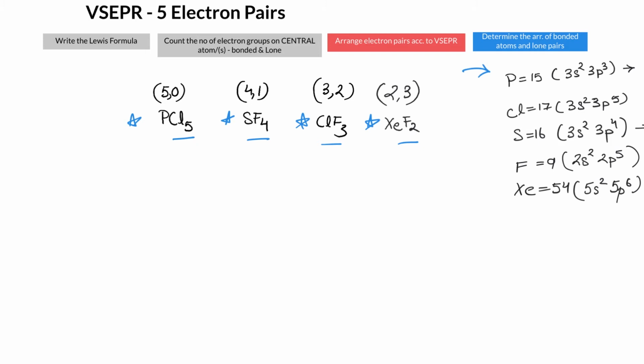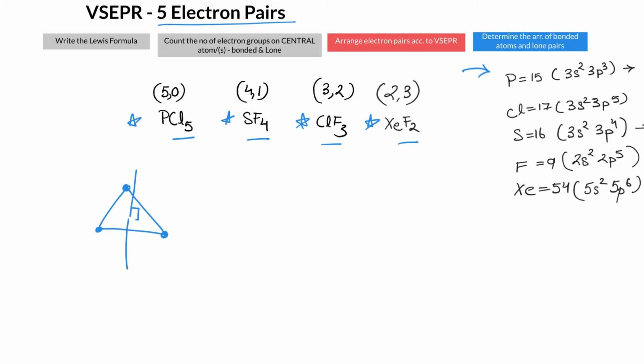Before going ahead, I am going to talk about the 5 electron pairs. What's the best way to keep all the electron pairs away from each other? You can imagine that would be trigonal bipyramidal, that means electron groups at the apex of each.